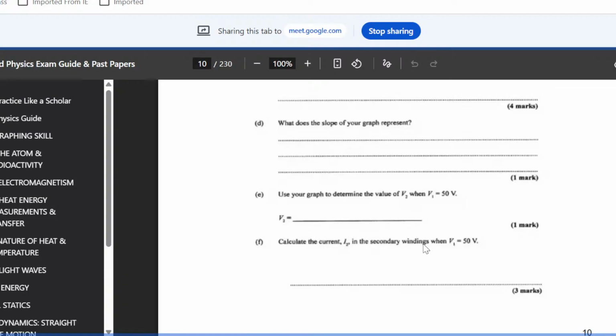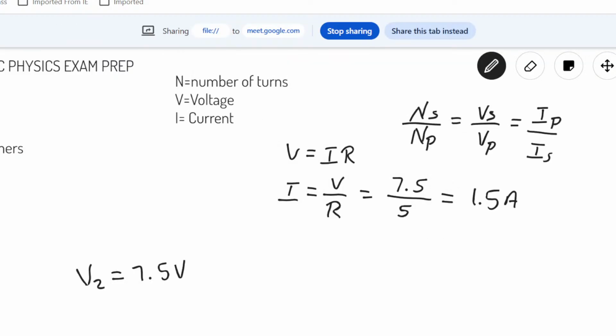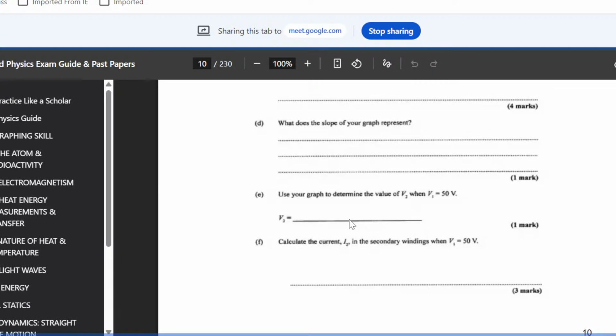So if you make a mistake in a previous question, let's say for this you got 750 for your V2 instead of 7.5, and then you go ahead and use that value in F, the answer for F might be wrong.